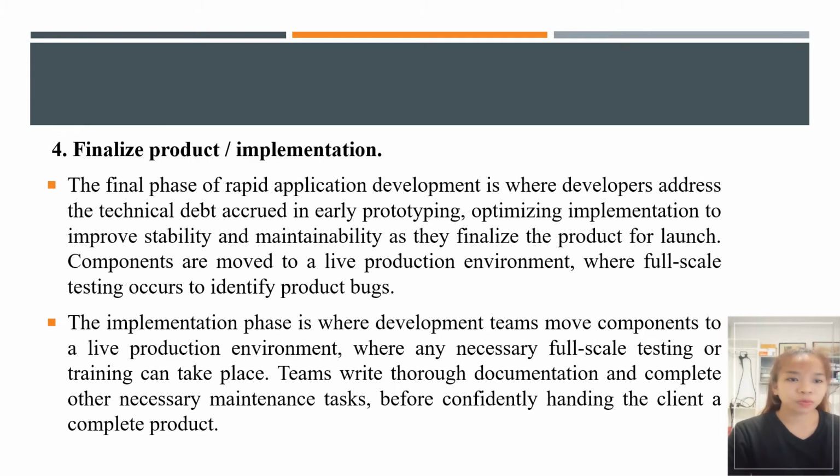Finally, finalize product implementation. The final phase of rapid application development is where developers address the technical debt accrued in early prototyping, optimizing implementation to improve stability and maintainability as they finalize the product for launch. Components are moved to a live production environment where full-scale testing occurs to identify product bugs.